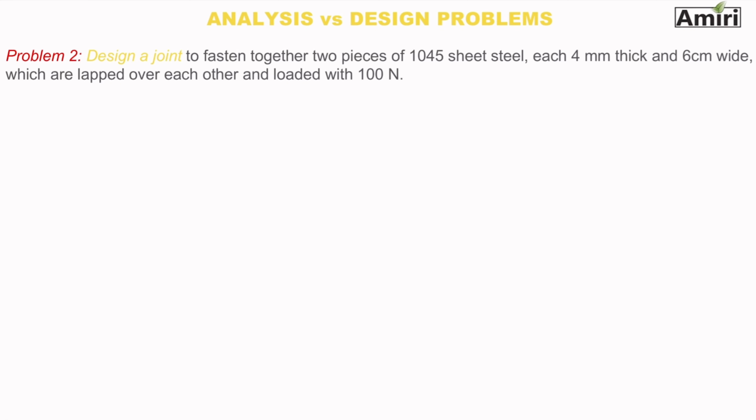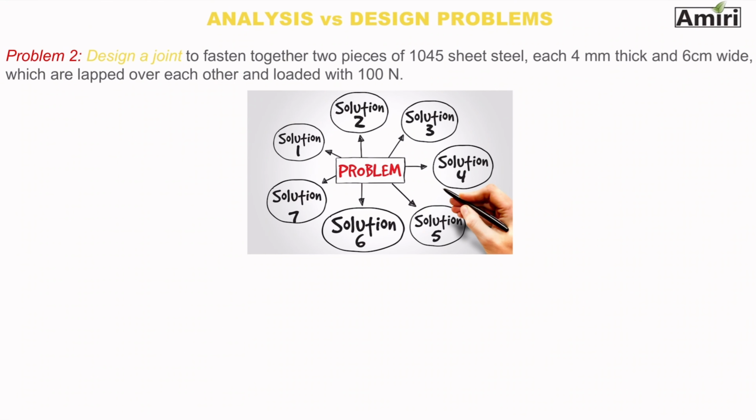Now, look at a very similar problem that says: design a joint to fasten together two pieces of steel, dimensions, load, lapped over. Very similar. Even if it didn't tell us to design a joint, you would know this is a design problem, because all it tells you is to fasten together.